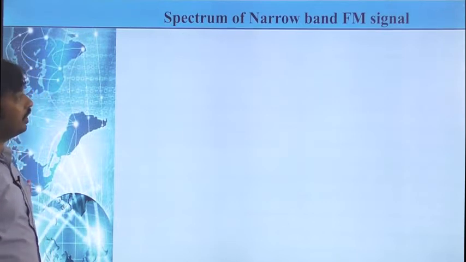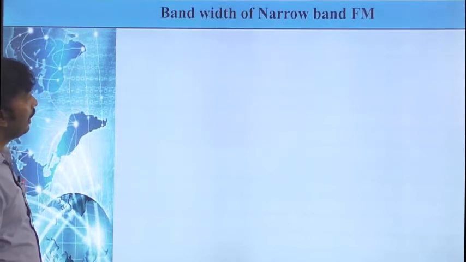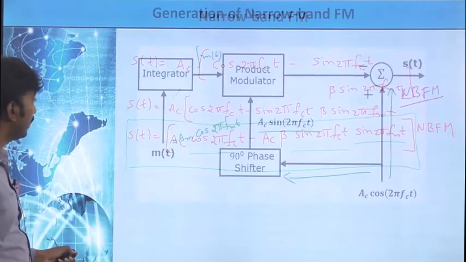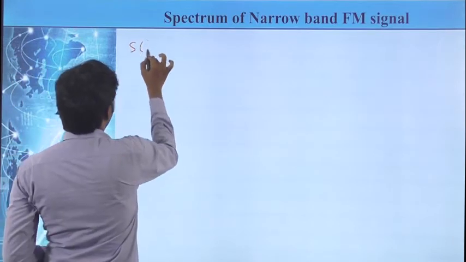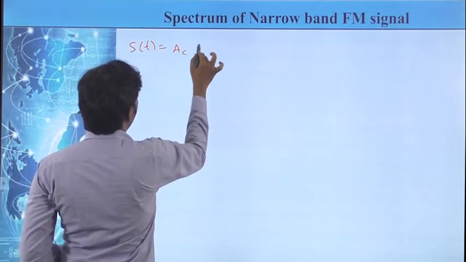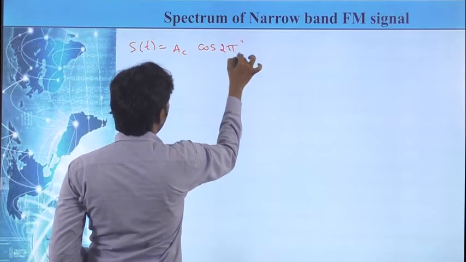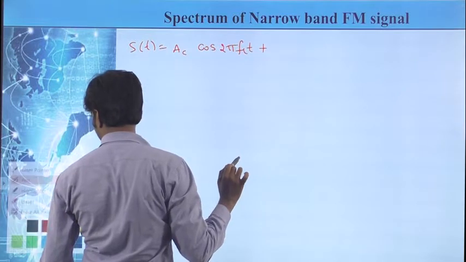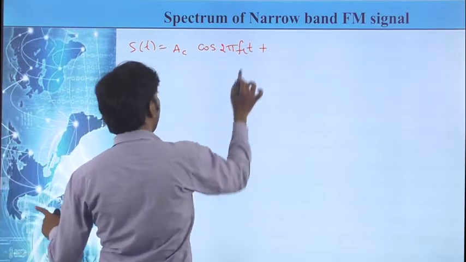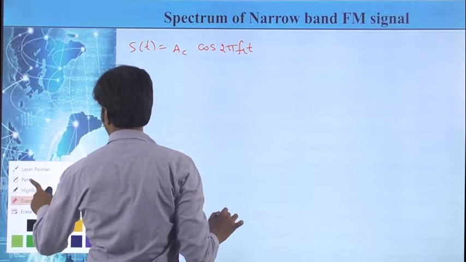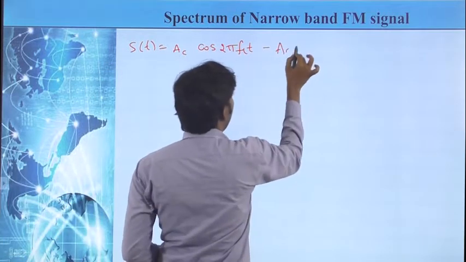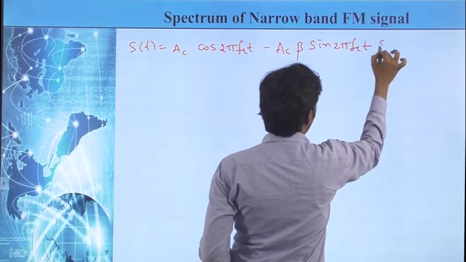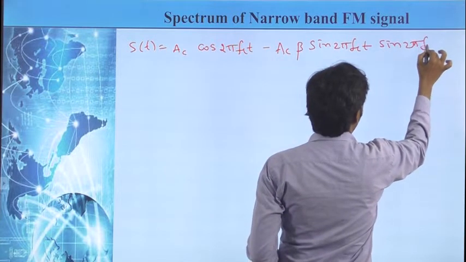Now we are going to see the spectrum of narrowband FM. For this, I am going to take the s(t), this function. s(t) is equal to Ac cos 2πfct minus Ac beta sin 2πfct sin 2πfmt.